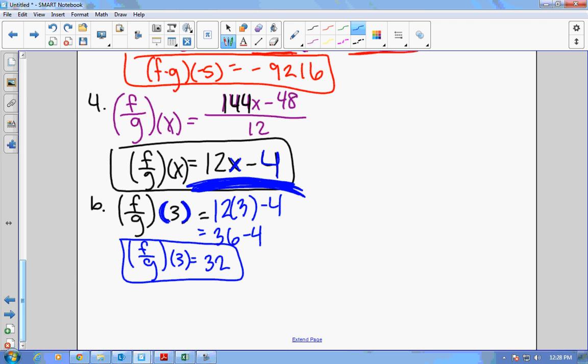The cost of manufacturing X t-shirts is modeled by the function T of X equals 5X plus 12. Put your hands up. Let me start over. We'll try it again. The cost of manufacturing X t-shirts is modeled by the function T of X equals 5X plus 12.